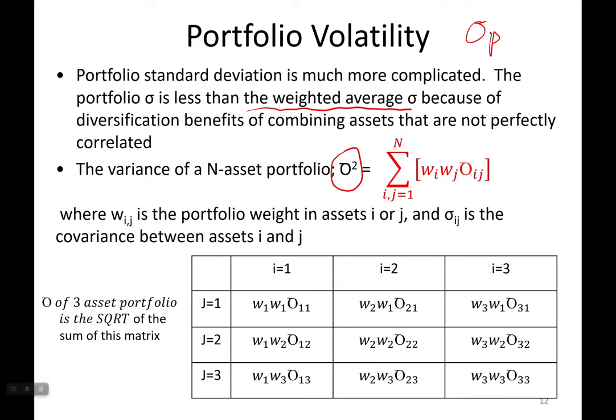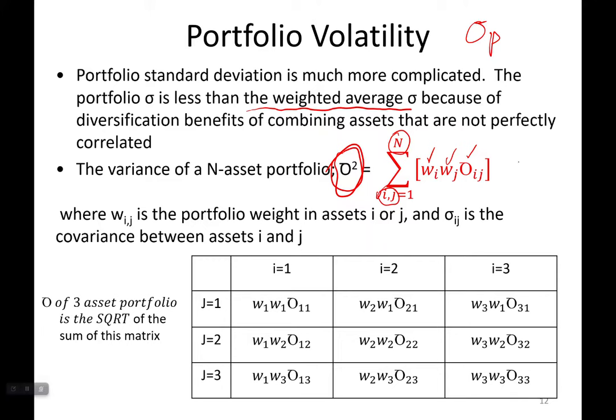To calculate the portfolio variance, it's the sum over i and j. Ooh, there are 2 variables now. From 1 to n, where n is the number of assets. And then here's the formula: w_i, w_j, sigma_ij.